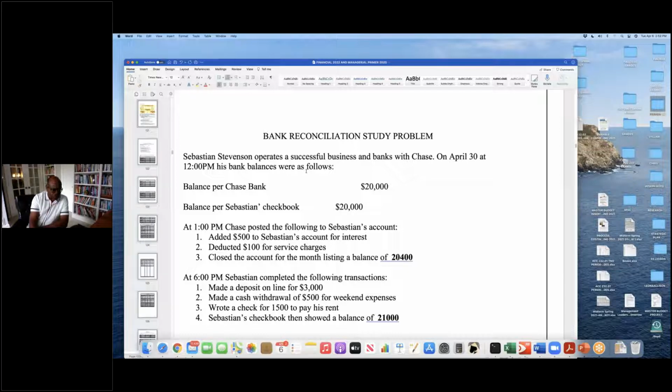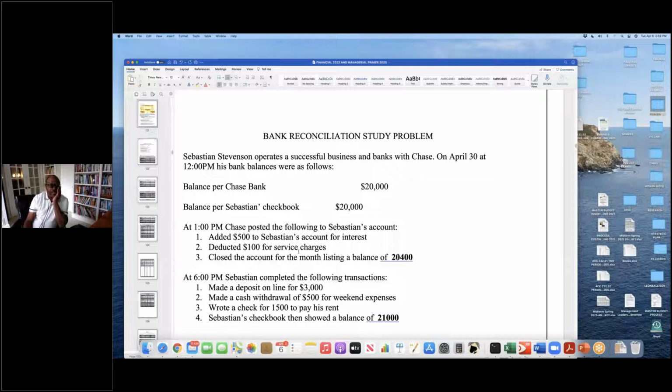At 1 p.m., Chase posted the following. It had $500 for interest. It deducted $100 for service charges. So it said his balance was $20,400.